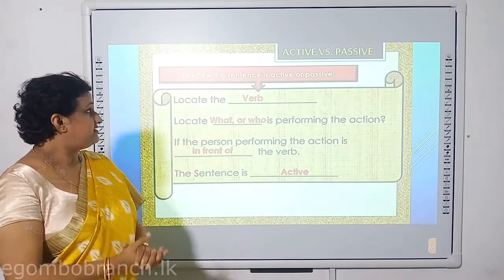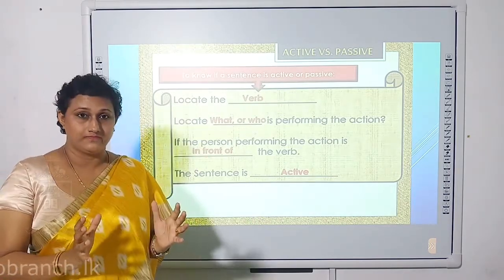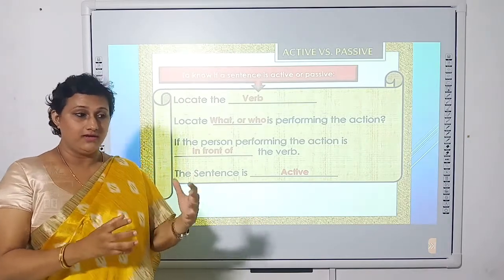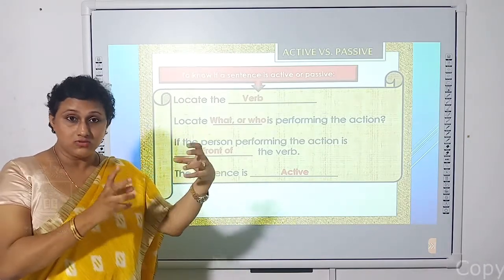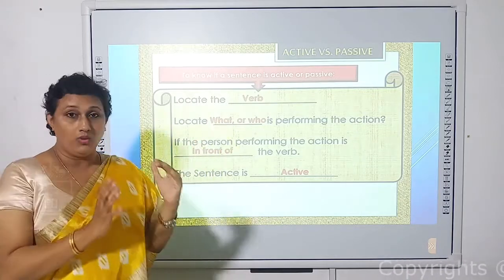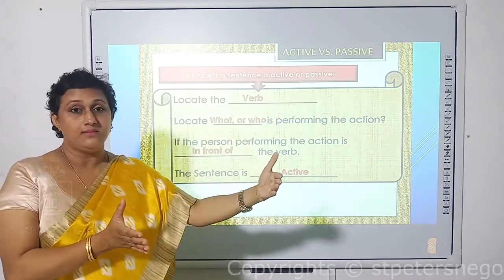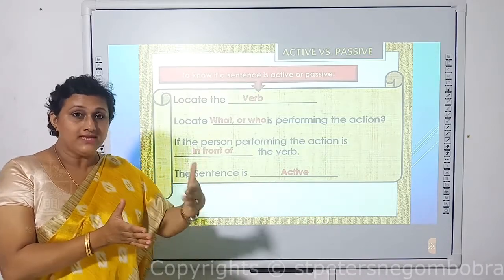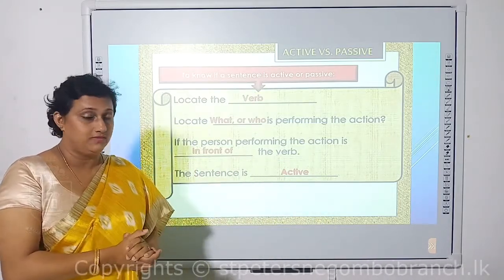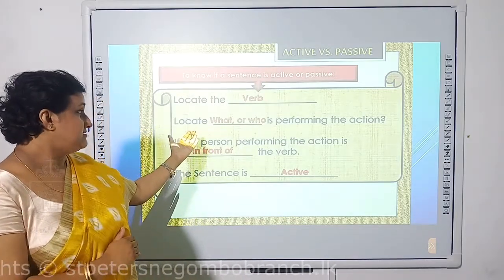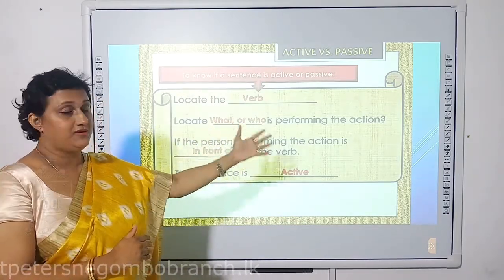So now first you have to locate the verb, right? And then secondly, from the verb you need to ask the two questions, who and what, and see who is performing that particular action. Who is performing the particular action? What is performing, right? So secondly you can ask what or who is performing the action.